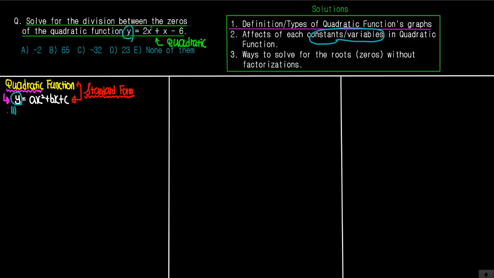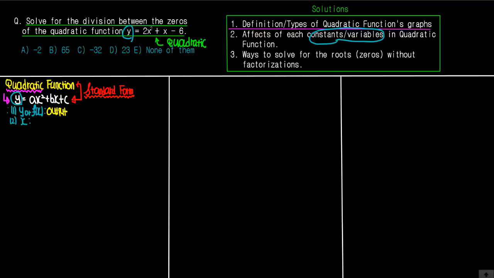The y value, which we usually notate as f of x, is a specific output of our quadratic function. And where can we get an output? We need some specific thing to generate the output. We notate it as the x value.